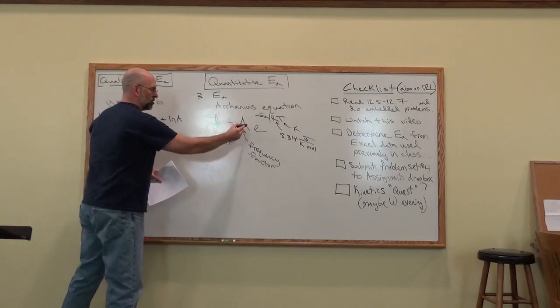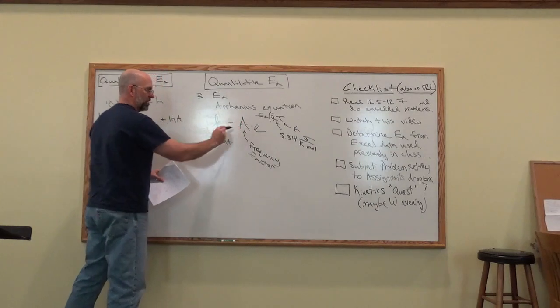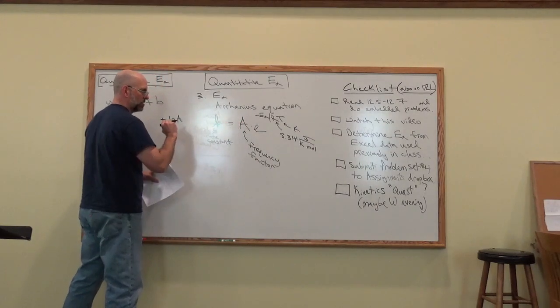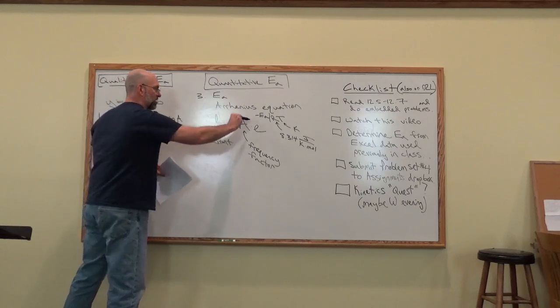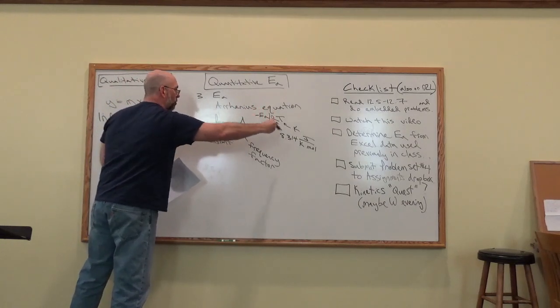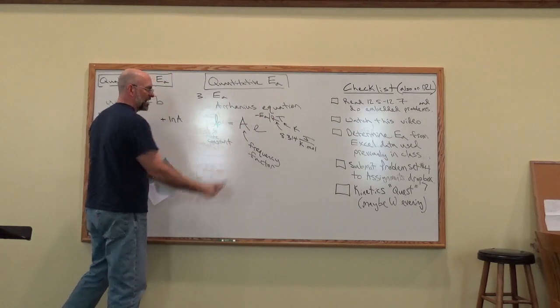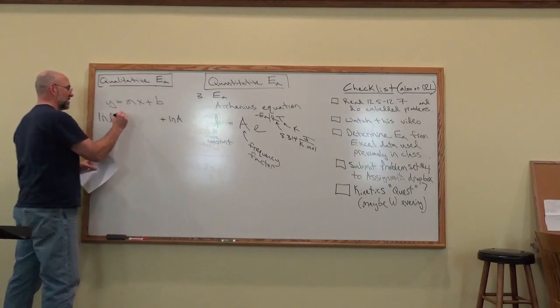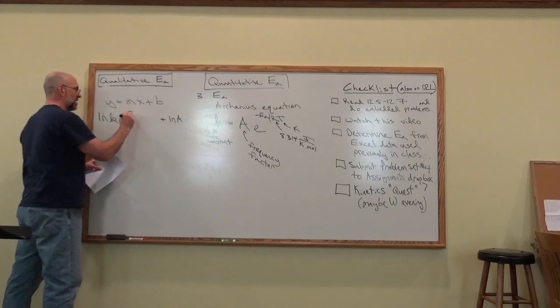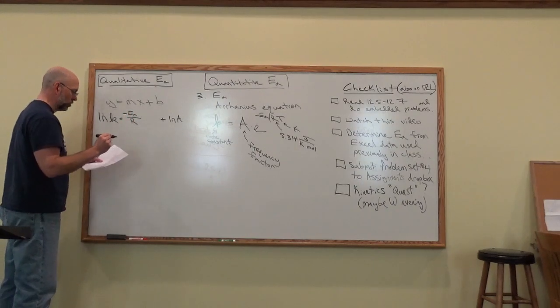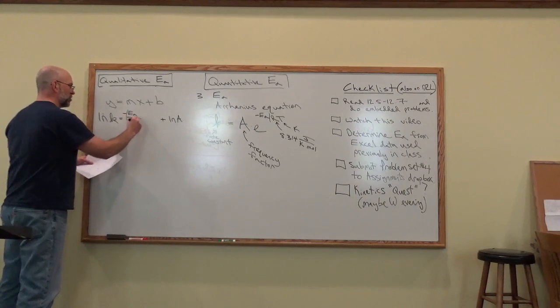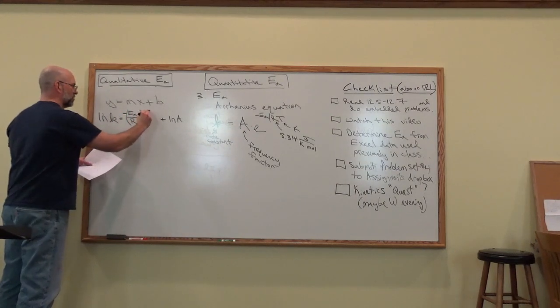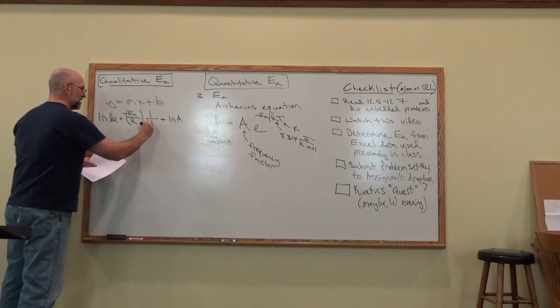When we take the natural log of two things that are multiplied, it'll be the natural log of A plus the natural log of this whole piece. But natural log and exponential are opposite functions. So what we end up getting is negative EA over R, I'm just rewriting this in a slightly different fashion, times 1 over temperature.